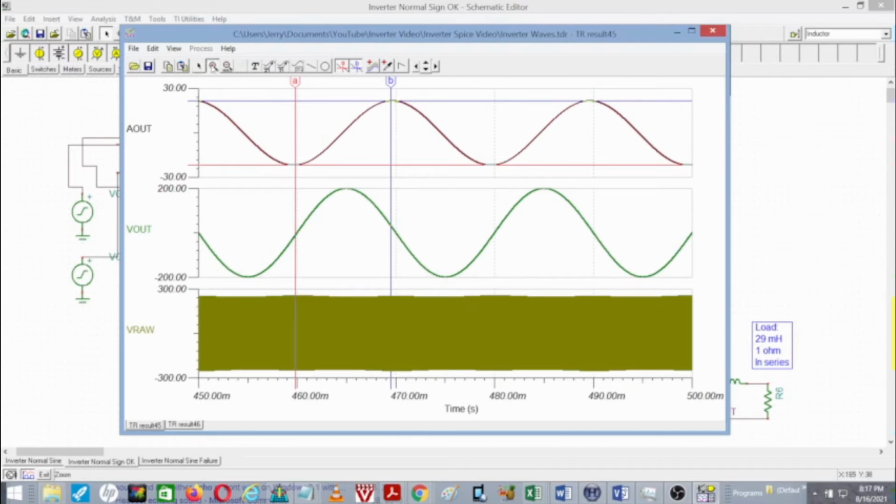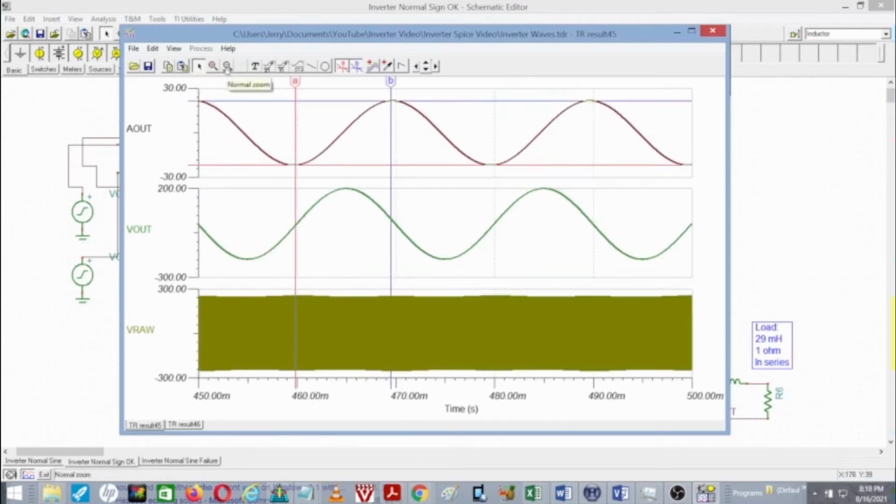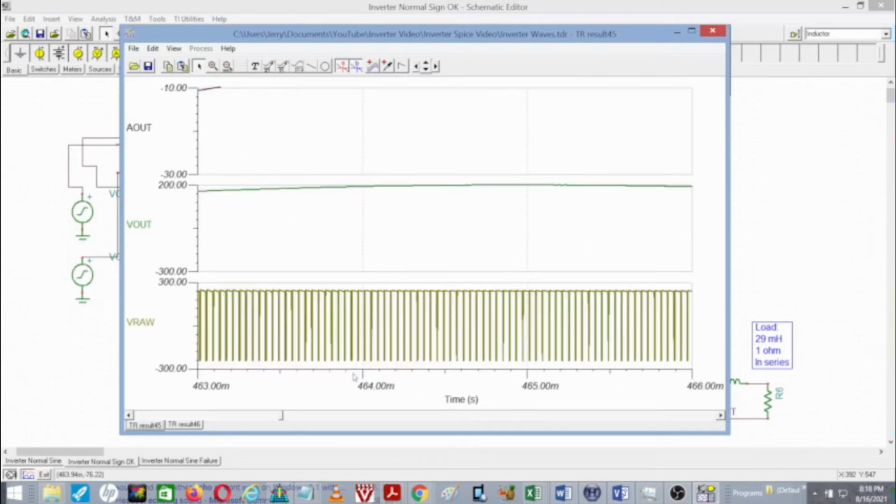Now, to see how those sine waves come about, what we can do is zoom in on the pulse width modulation. You'll note that when the sine wave is close to the negative limit, the pulse width modulation pulses are also spending most of their time negative. And when we look at the corresponding positive interval, of course, we're going to see exactly the opposite thing.